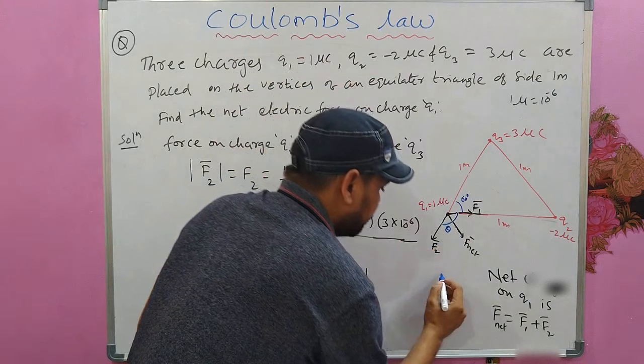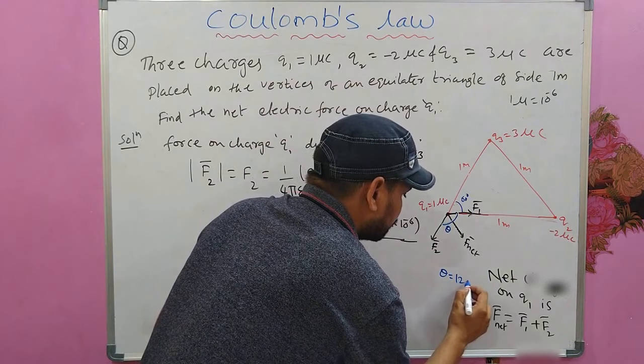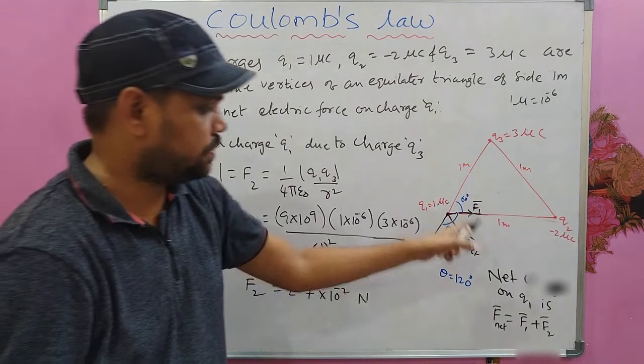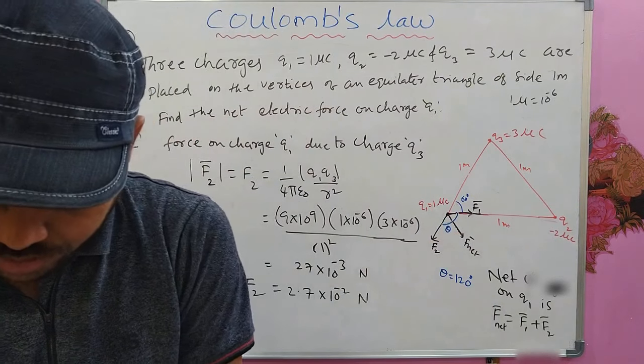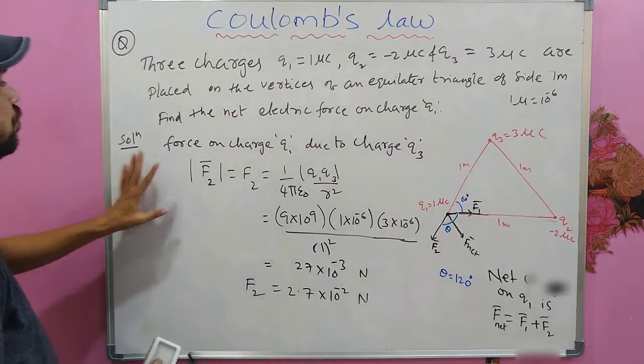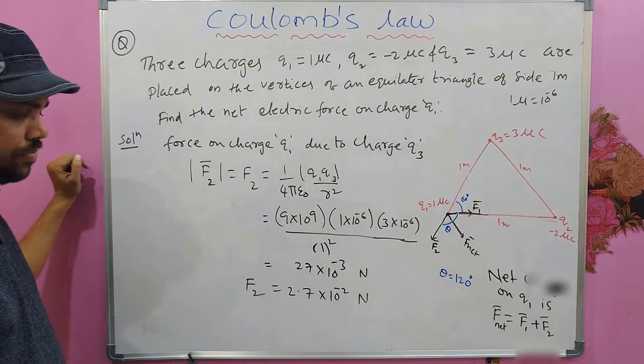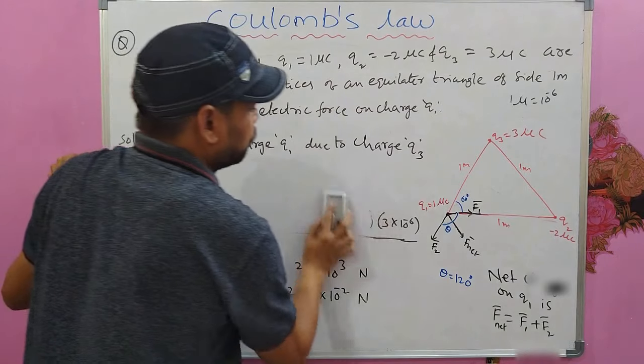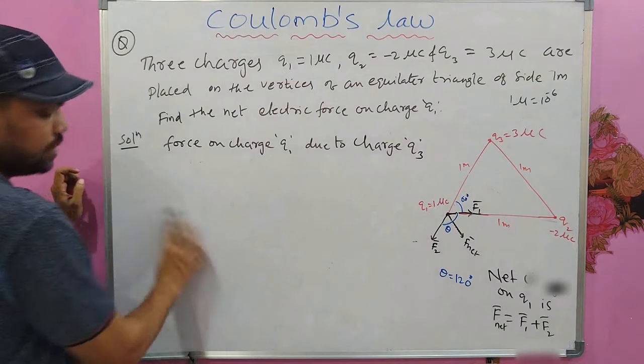So theta will be 120 degrees. From this picture it is very clear. So now we will write the net force on charge Q1, because we know F1 and F2.